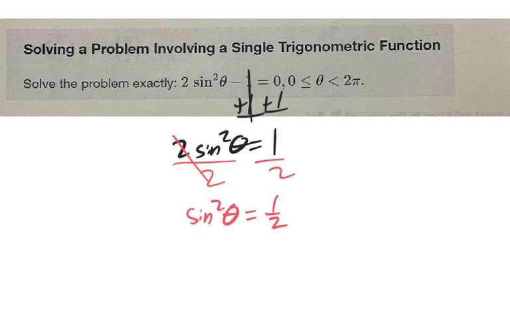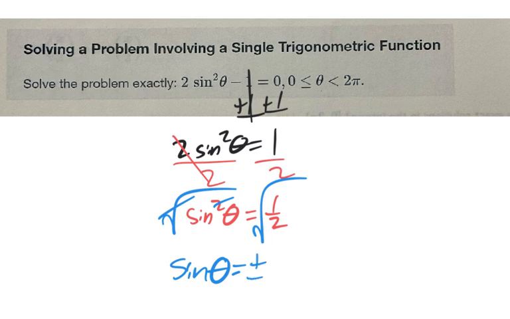So sine squared equals 1/2. I had to get rid of a squared, so sine of theta equals... I chose to take a square root. What has to happen when I choose to take a square root? Plus or minus?